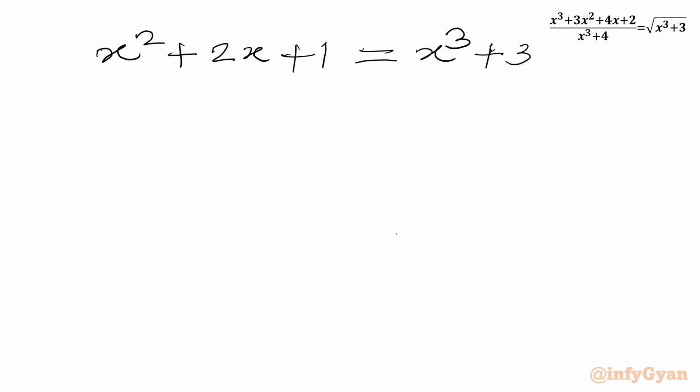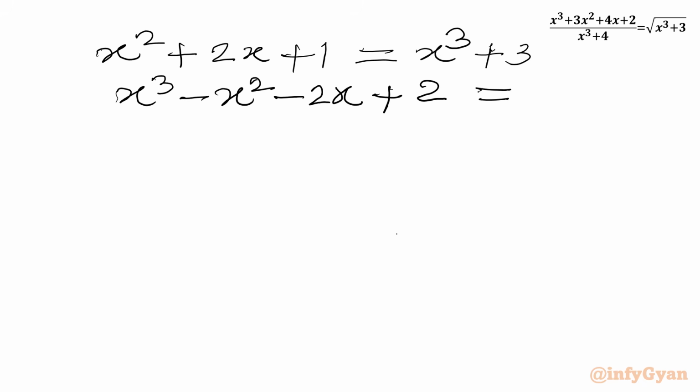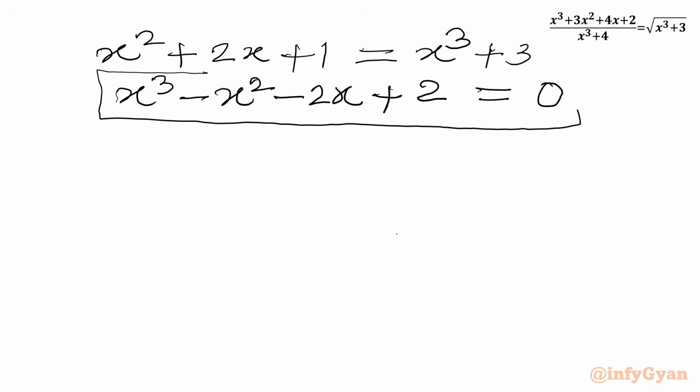Now write all the terms to RHS. We will get x cube minus x square minus 2x plus 3 minus 1, 2 equal to 0. Now this is one cubic equation which we have to solve in real numbers. I will use method of factorization.